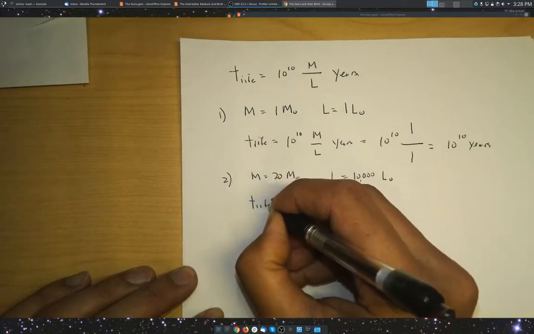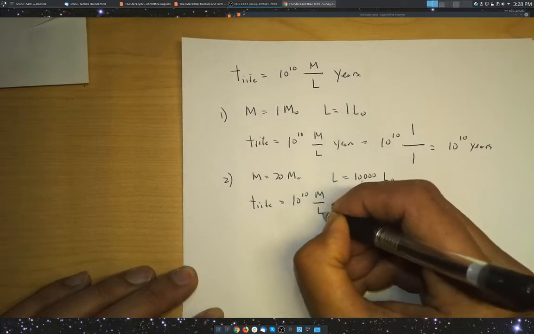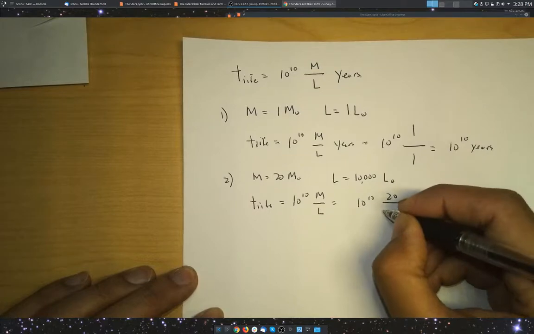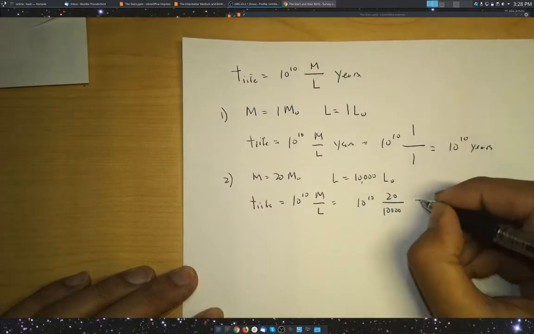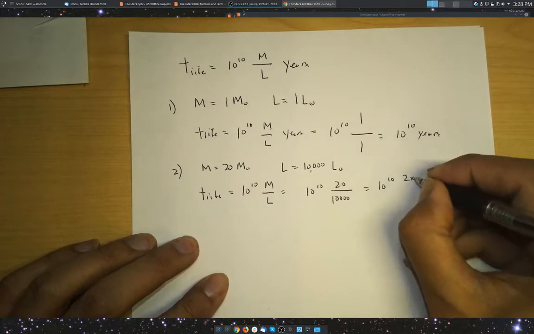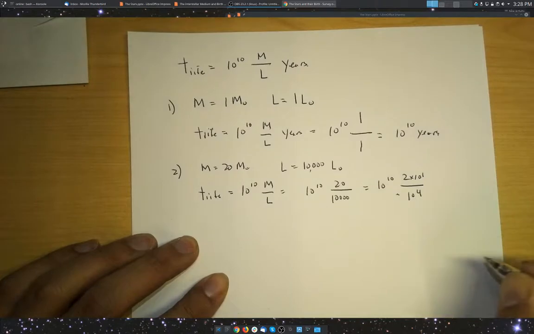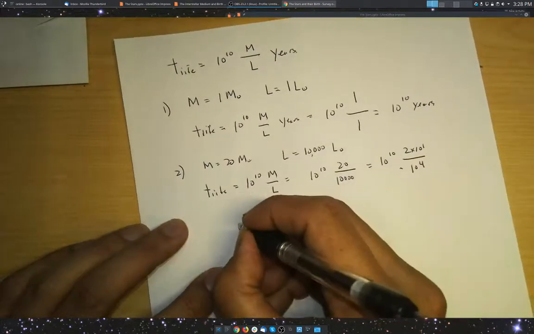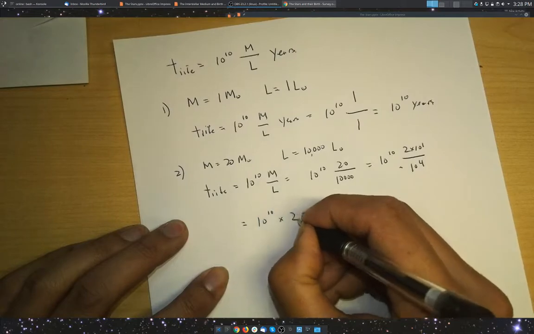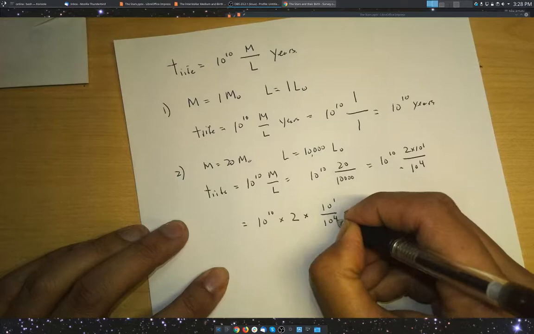T life is equal to 10 to the 10 times M over L. That's 10 to the 10 times 20 over 10,000, which is 10 to the 10 times 2 times 10 to the 1 over 10 to the 4.